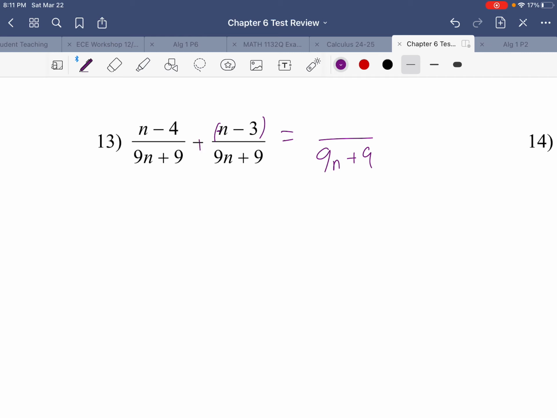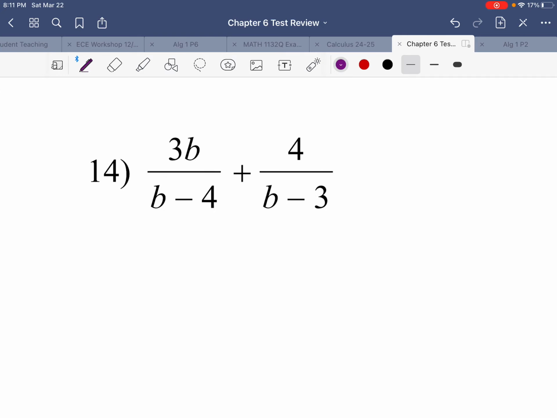So this will be like if I was adding a negative n and adding 3. So it's like n minus 4 minus n plus 3. Adding and subtracting n are going to cancel. I'm left over with negative 4 plus 3. So this will be a negative 1 over 9n plus 9.